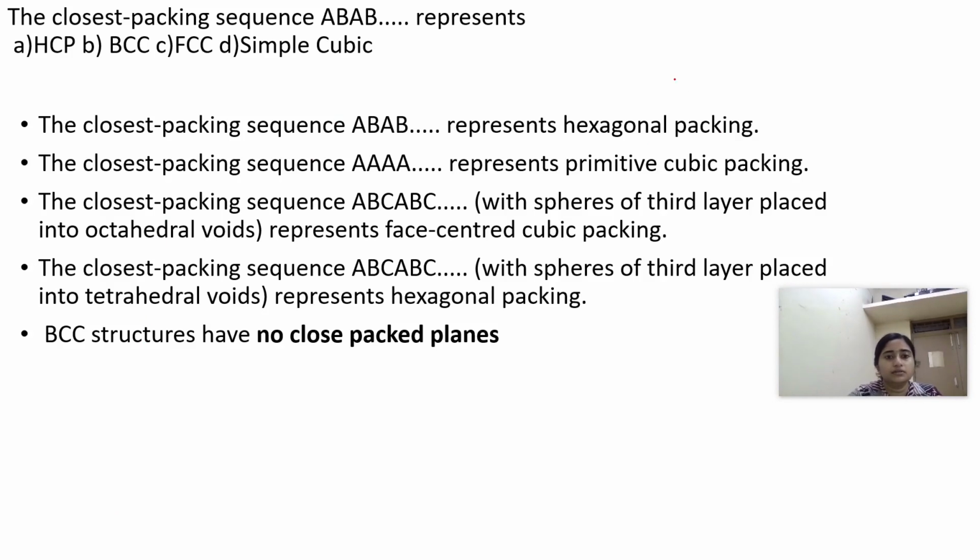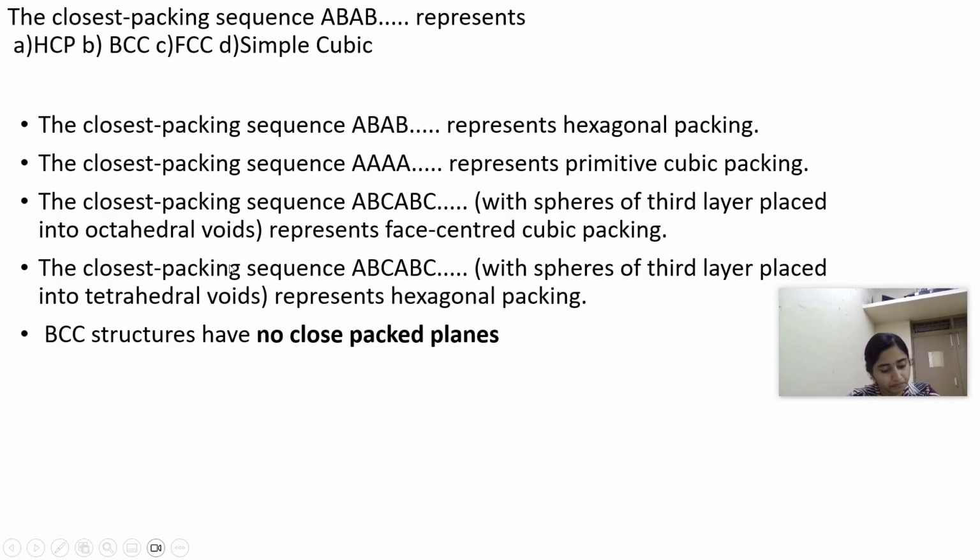Similarly, the AAA type will be primitive cubic packing. ABC type, with the third layer spacing, represents FCC cubic packing. And BCC structure has no close packing planes. So this is the answer to the first question.